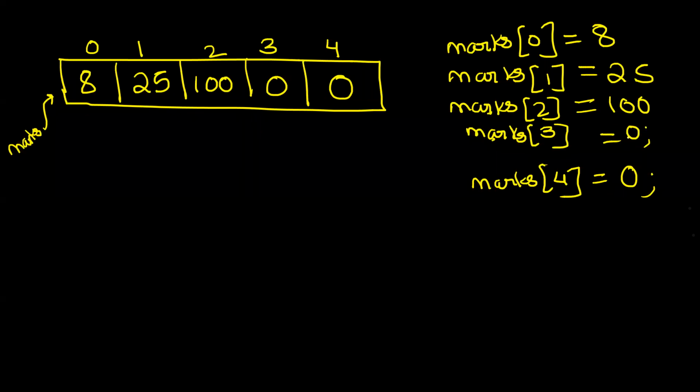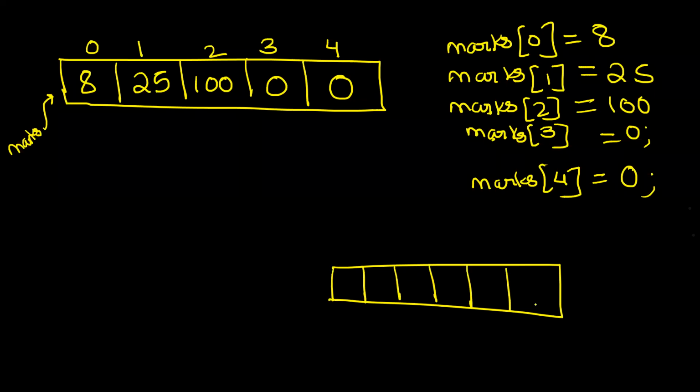Yes. Okay. So if I make an array of size n, what are the valid indices of your array? If I want to store n different elements in my array, I make an array of size n, then the valid index range will be from 0 till n minus 1. So if you make an array of size 5 and if you do something like ARR of 5, this will give you an error.